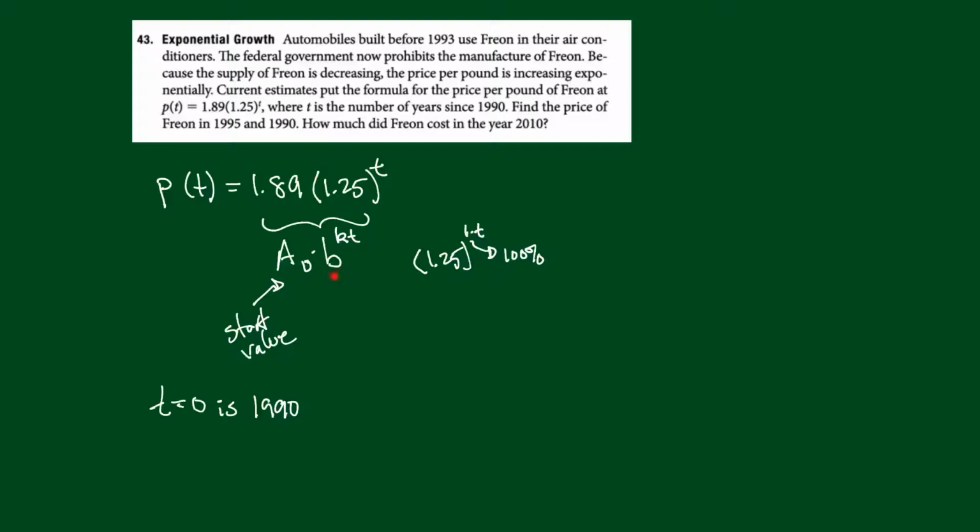And look at the base. The base is bigger than 1. This exponent is positive, so this is a growth function. What we're looking at here is an exponential growth function. And I have an idea what they look like. Just a quick sketch curve that I could either draw or just keep in my head, because I know what it looks like. Where does it start? It starts here at 1.89.